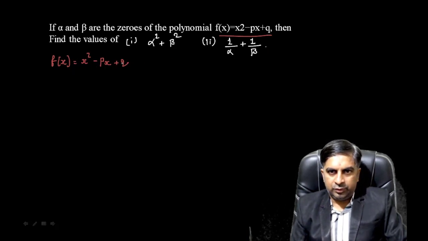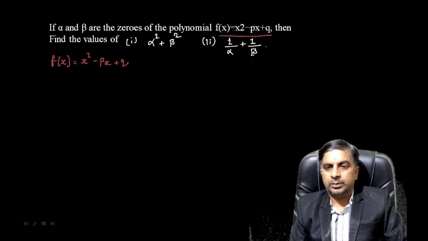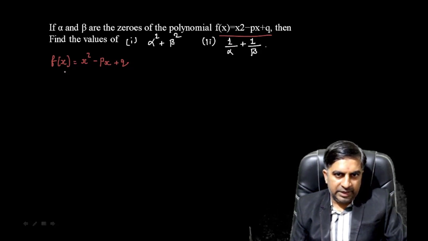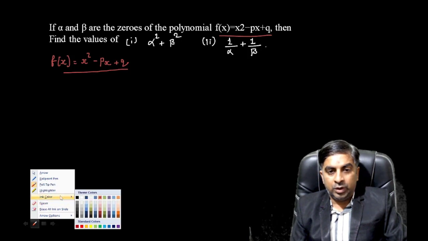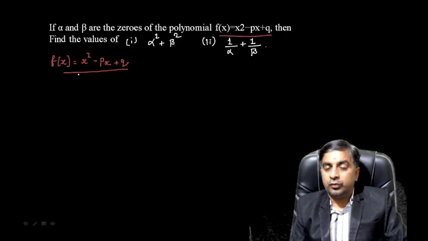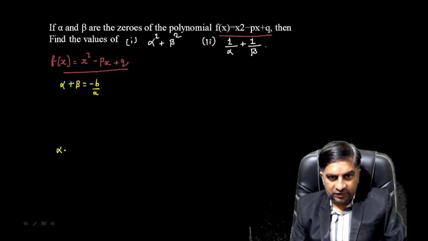This is your polynomial. They told you to find out alpha square plus beta square, and second, 1 by alpha plus 1 by beta. So from any quadratic polynomial, what can you get, guys? From any quadratic polynomial we can get alpha plus beta, that is equal to minus b by a, and we can get alpha into beta, that is c by a.